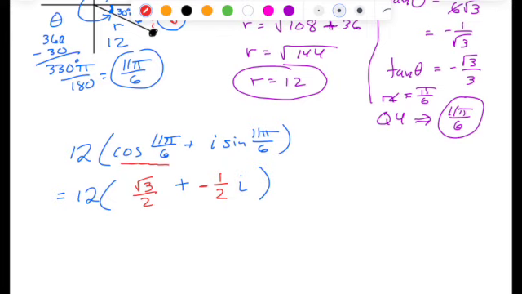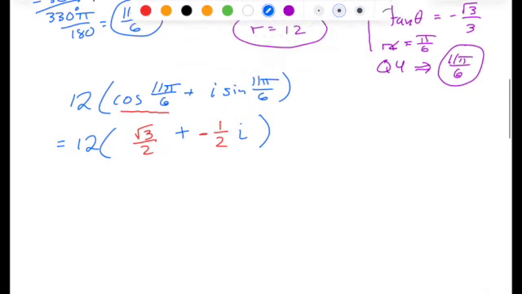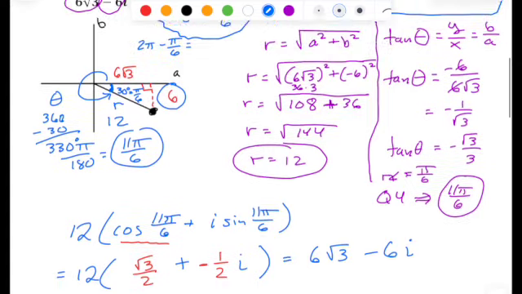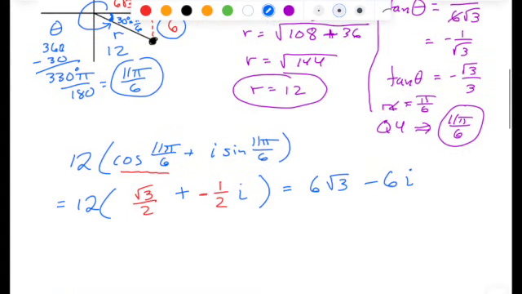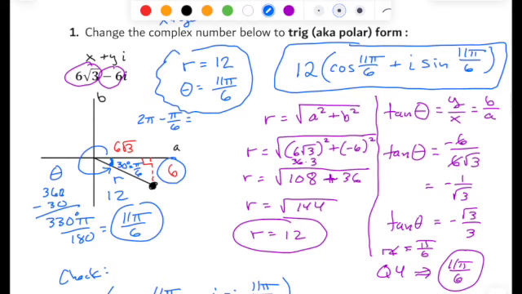And when you distribute that 12, that r value, you will get 12 root 3 over 2, which is 6 root 3, and 12 times negative 1/2 is minus 6i. And so you got it right back to the standard form of 6 root 3 minus 6i. So this is a really great way to check yourself if you're solid with your unit circle. Okay, so let's try another example here.